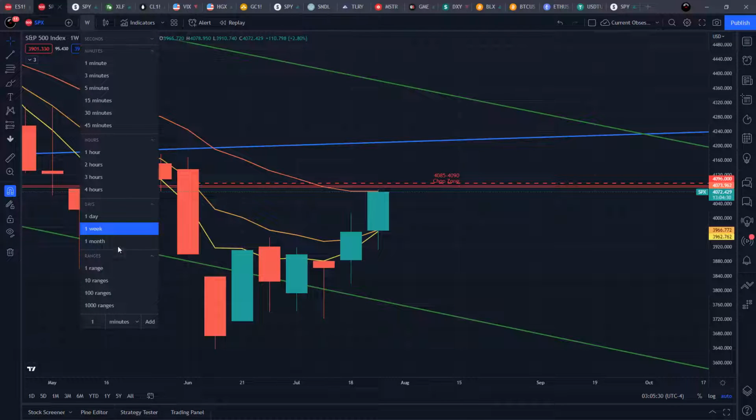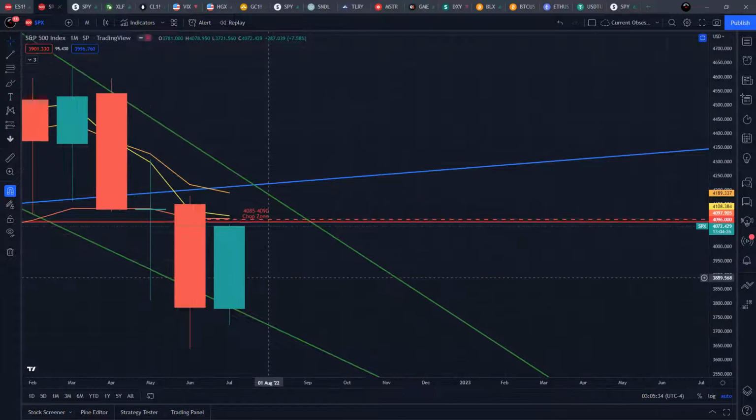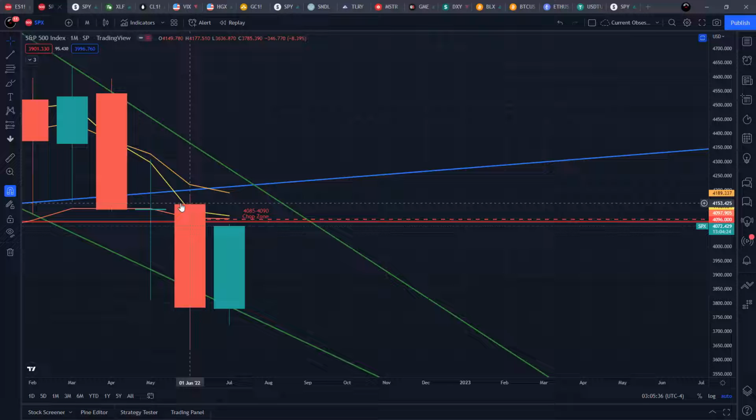So going back to the monthly, which is the one that's important to me, I feel like we're going to run up, but I doubt we're going to close above this high here, or even the body of this wick.